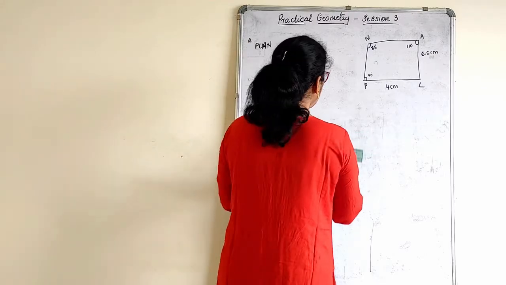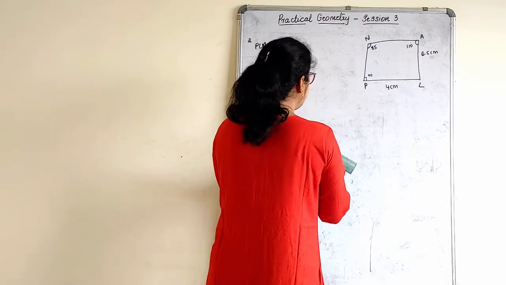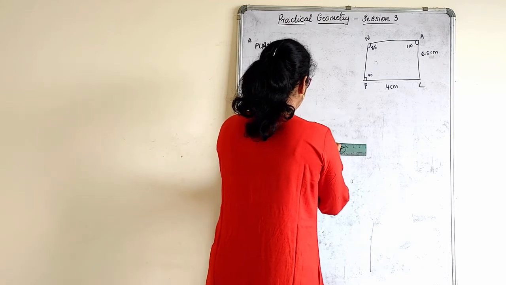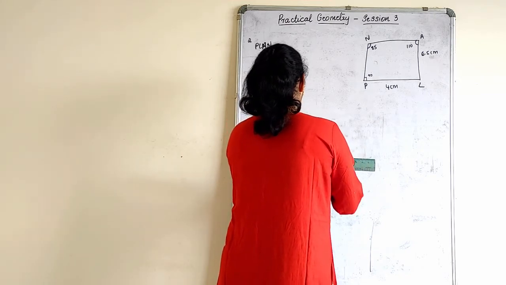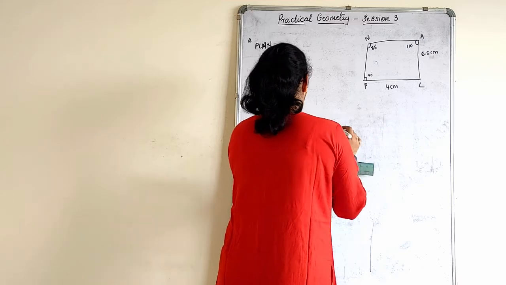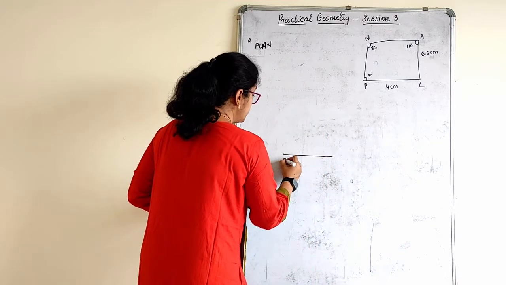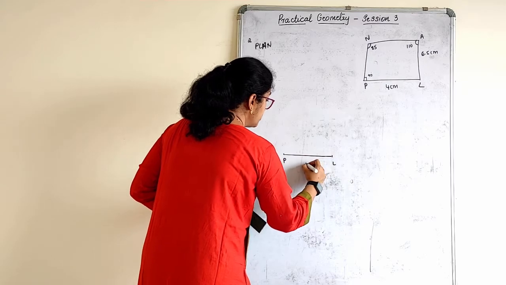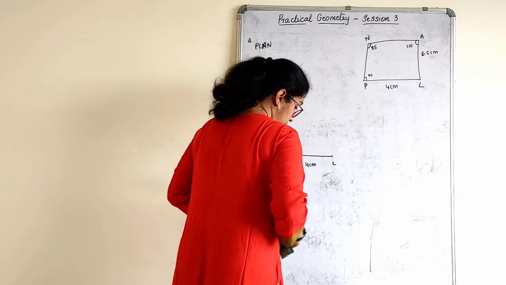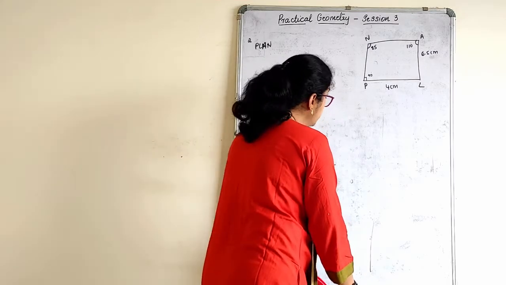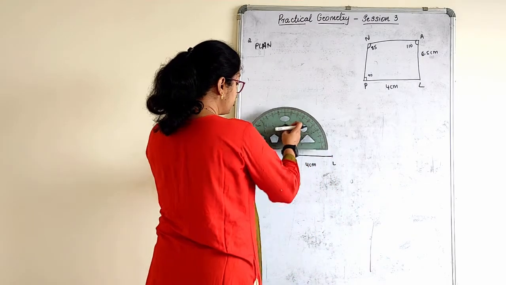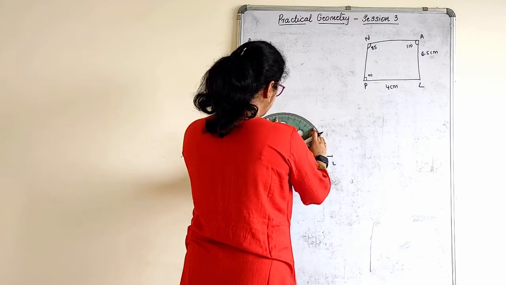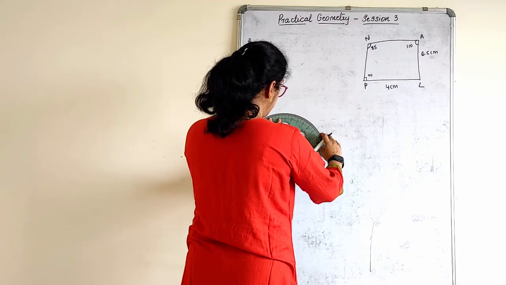Let's check. As per the thing, we will have a base of 4 centimeter first. So base is PL, which is 4 centimeter. Then take your protractor and mark 90 degree. I know 90 degree can also be a straight line, but still you have to mark this using a protractor.